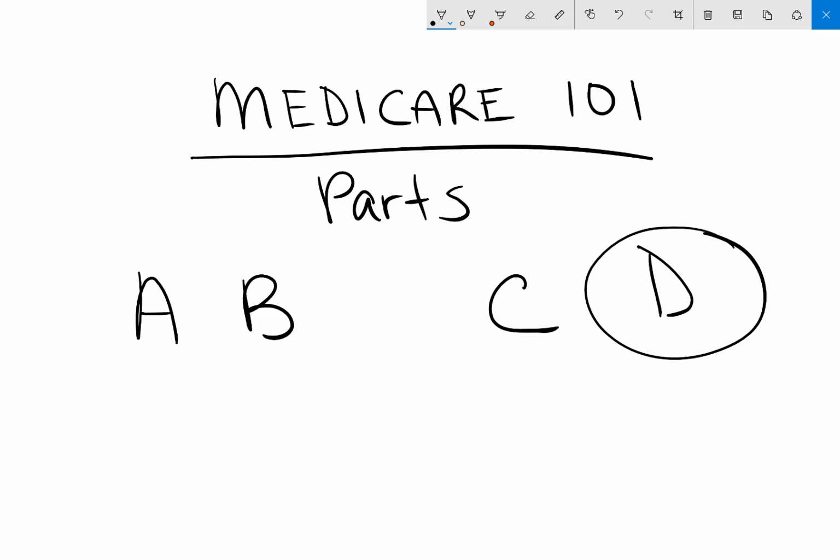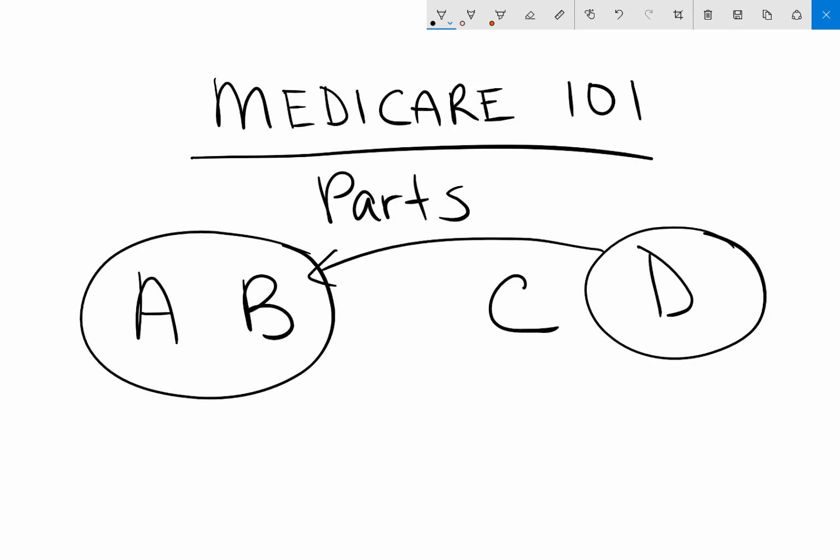Part D of Medicare goes along with original Parts A and B. This is your prescription coverage with Medicare. This is where you'll get a prescription drug plan, also known as PDP, and they will help cover the cost when you go to the pharmacy to fill your prescriptions.